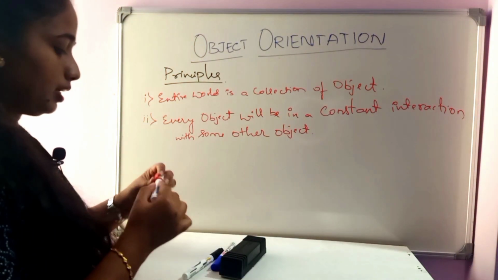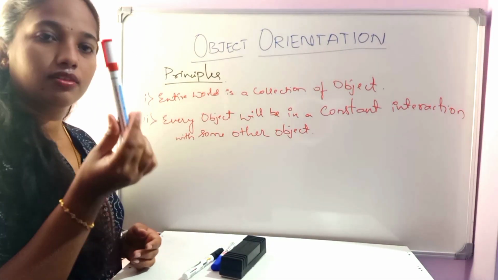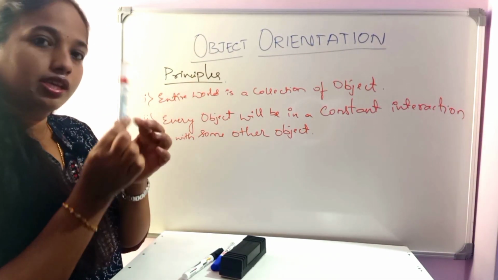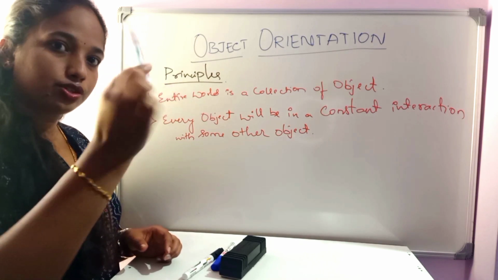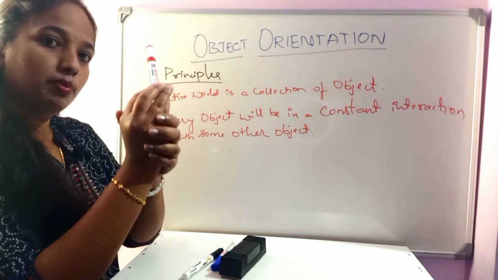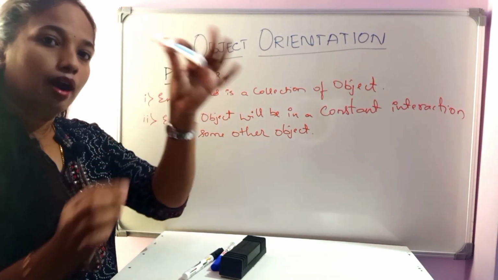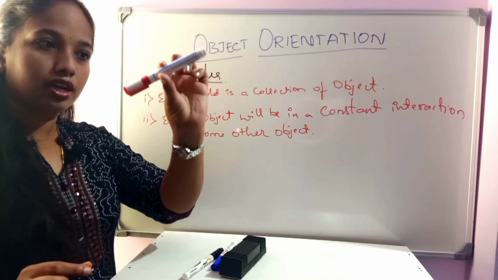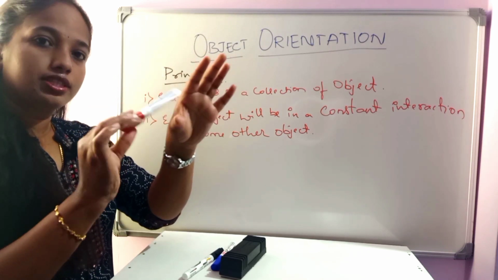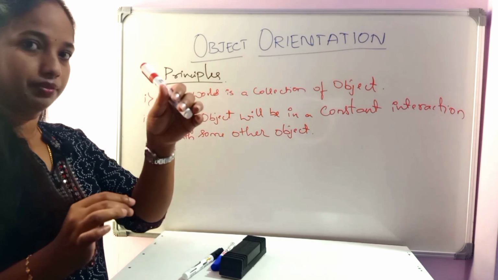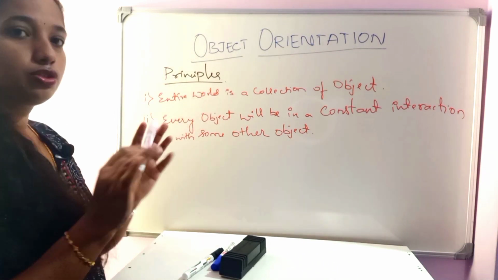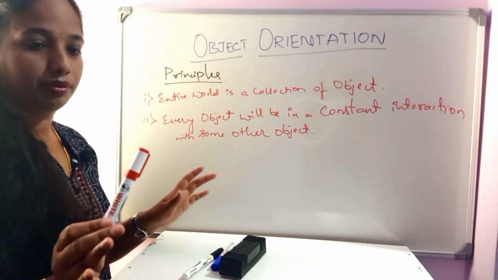Let us take this marker as one object. It is in constant interaction with my hand object. My hand is one object, the marker is one object, and the marker is in constant interaction with my hand. So there is no object that is isolated.